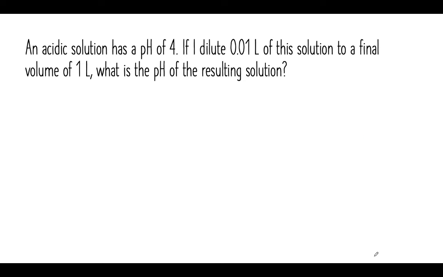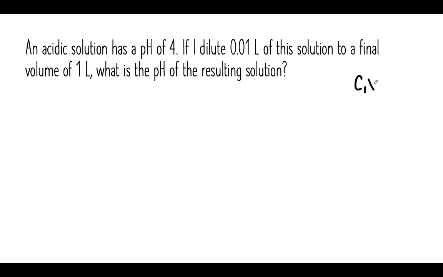Now here's another example, and this time they're giving us the pH of one solution and asking us what the pH would be of the resulting solution after a dilution.